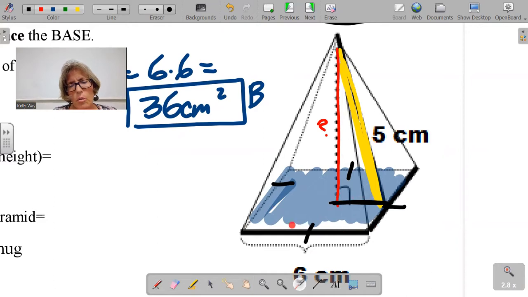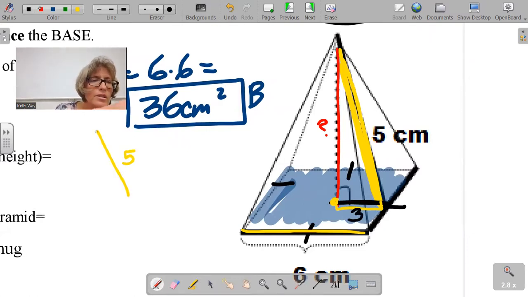Trace the 6, trace this. See that little red dot? Trace it, please. Get your finger on your paper, please. You should feel that if this edge is 6, this edge right here, if that height goes to the middle, is going to be 3. So I'm going to pull out the triangle to solve for my height here. Unknown. This edge is 3.